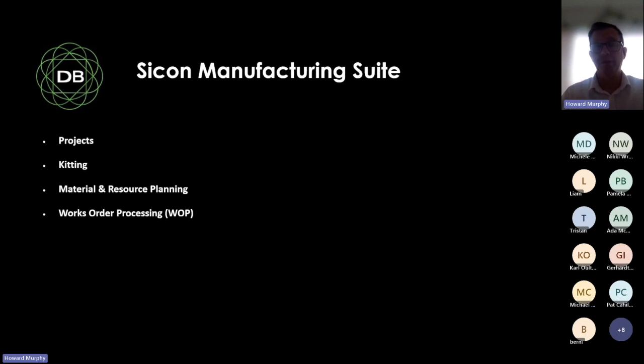That can be extended even further by using the likes of the shop floor data collection module, which allows the guys to tap into a screen of some sort to indicate where they are with the job in particular.